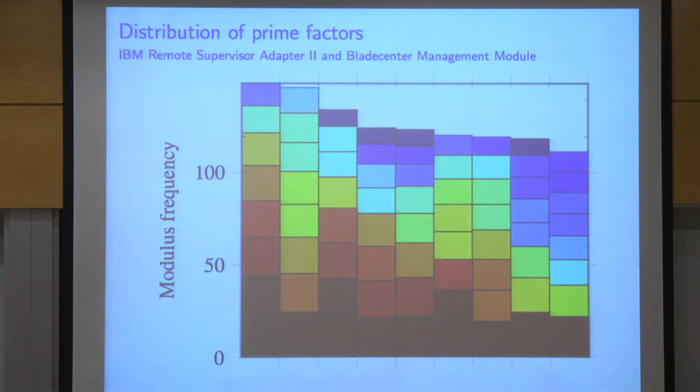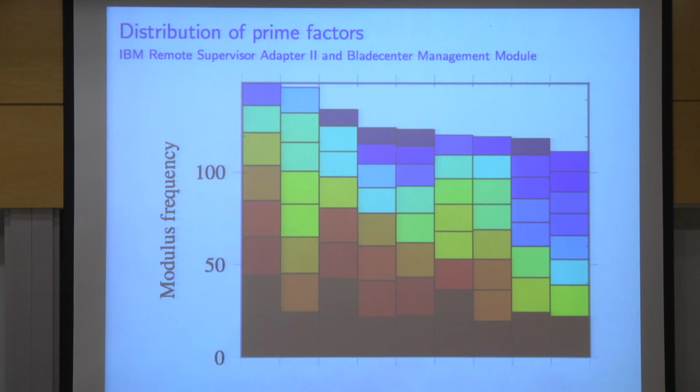The way that this plot works is that each column corresponds to a distinct prime factor, and each stacked block tells us the number of distinct moduli that shared that prime factor. The way that these keys had apparently been generated is there are 9 possible primes. Choose 2 of them uniformly at random, multiply them together, and that is your RSA key.